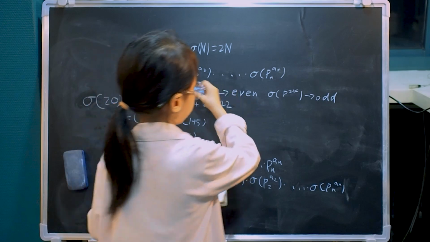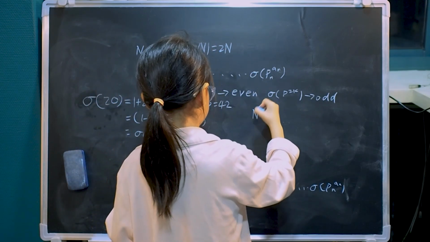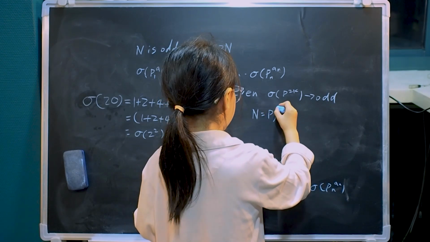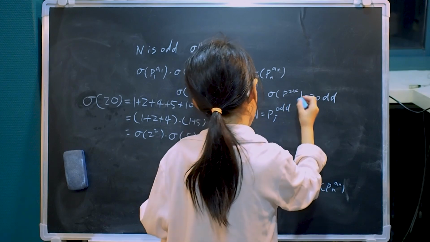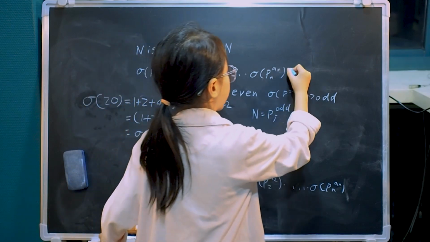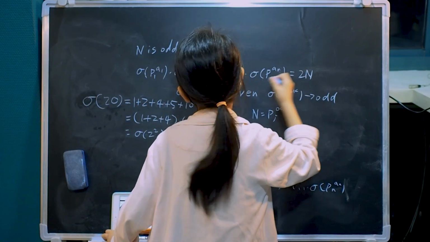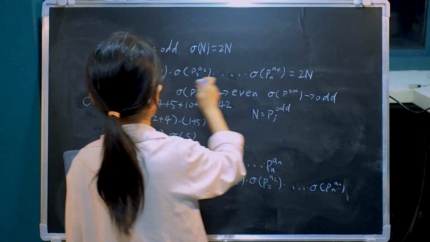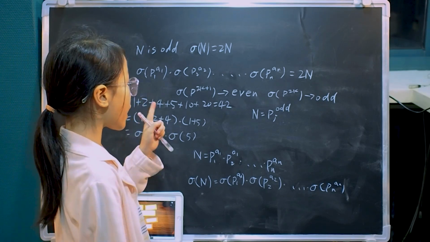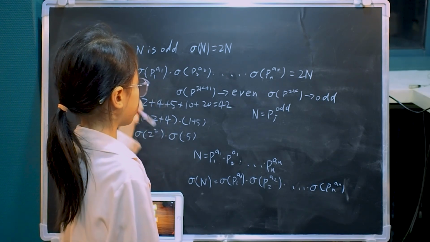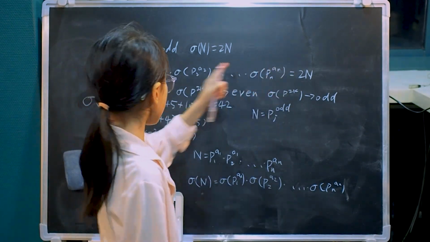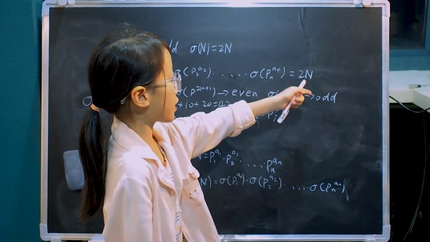So now from this we can get n. n is equal to Pj to the odd power. Of course, why? Because at first, sorry, I wrote something here: it is equal to 2n, and you see n is odd. This is 2, so of course both sides only have one even factor 2. This part has one 2, and this part has one 2.